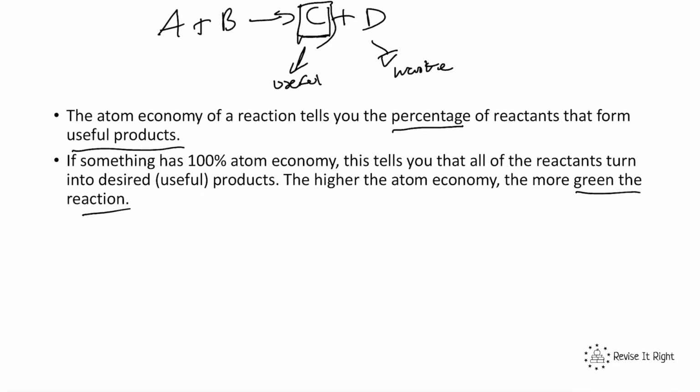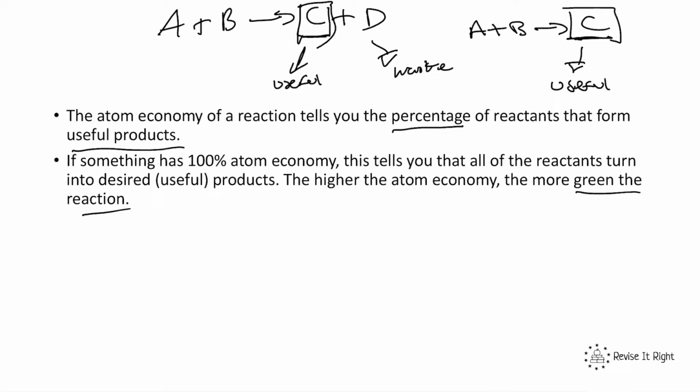Now it's important to understand that if a reaction only has one product, then the atom economy must be 100%. So if we had A plus B produces C, C is the only product, and therefore it is the useful one, it's the desired one, and therefore 100% of the products are useful, so it has an atom economy of 100%.